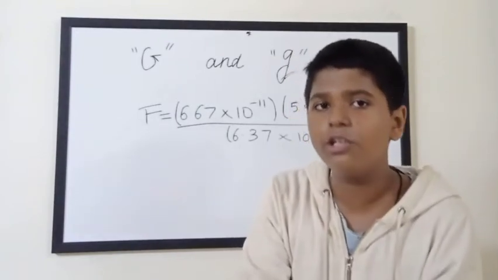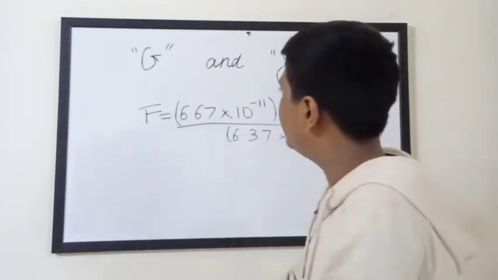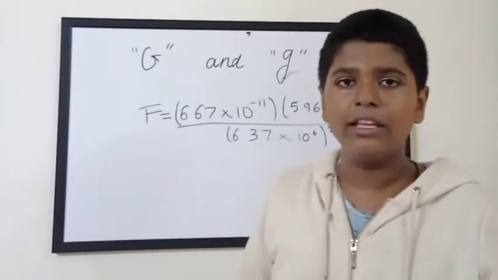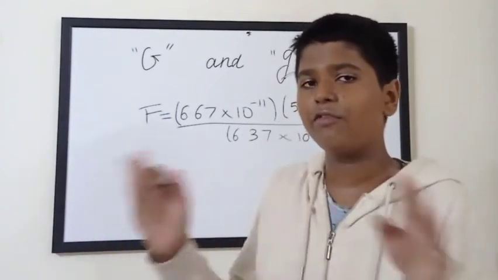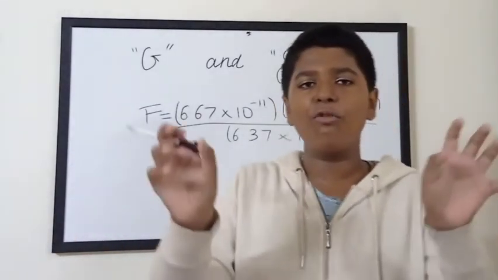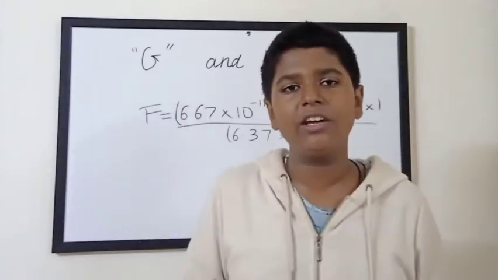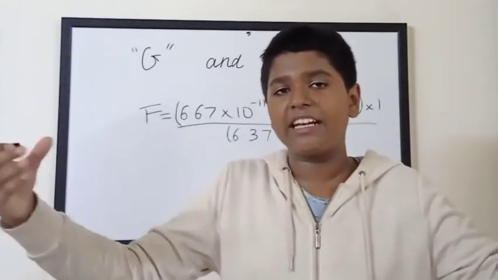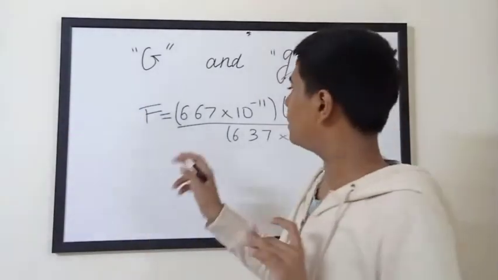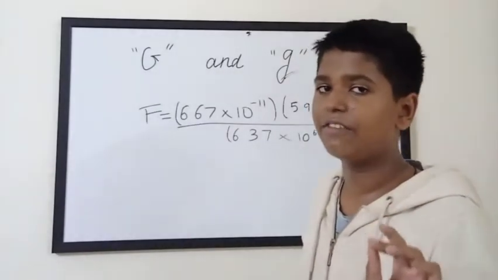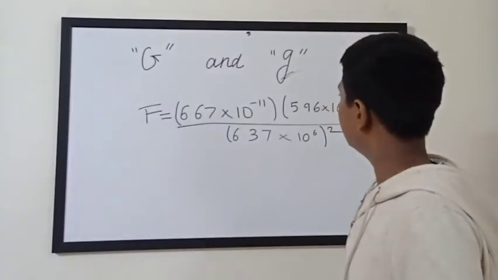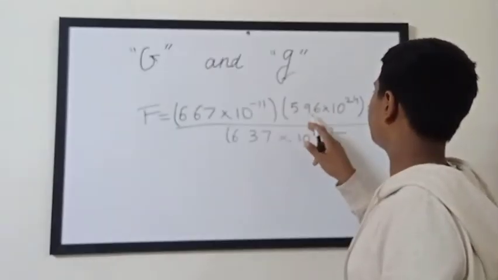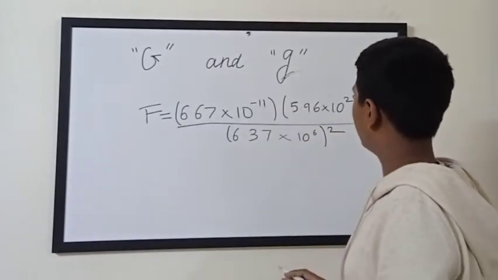That is the constant value of what? Value of this big G. Now what does this tell us? Value of big G is what? Simple. If there are two balls, both are of 1 kg, and there is 1 meter of distance between them, then how much attraction will there be between those two? Its value is this 6.67 into 10 raised to minus 11 into we have 5.96 into 10 raised to 24.